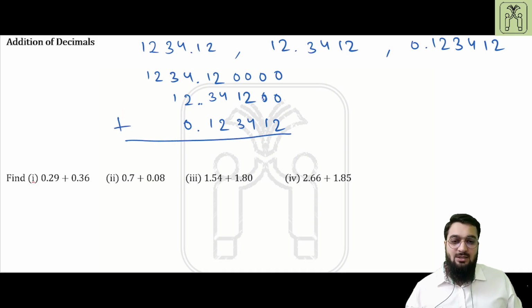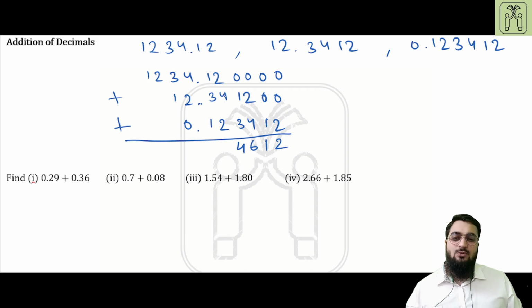So we'll just add all three of them. Addition will be just like you always do. So 0 plus 0 plus 2 will give you 2. 0 plus 0 plus 1 will give you 1. 0 plus 2 plus 4 will give you 6. Then 0 plus 1 plus 3 will give you 4.